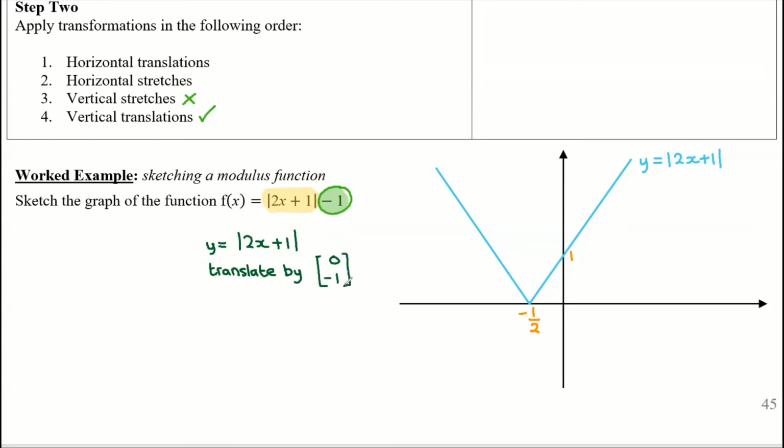It's exactly what you'd expect. So the y values are going to have 1 subtracted from them. So what happens to the diagram? Well, you'll notice, of course, that the y-intercept is currently at 1. So all the y values are going to have 1 subtracted from them, which lowers the graph by 1 unit.